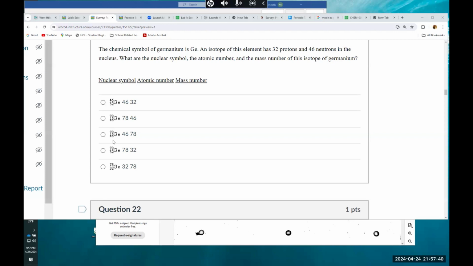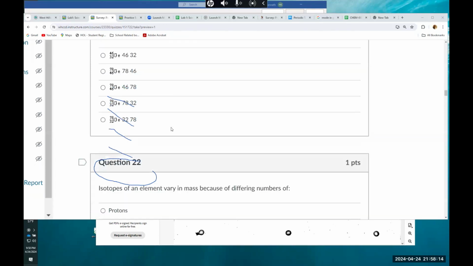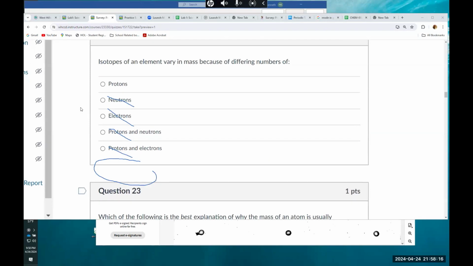So the atomic number has to be 32 because of 32 protons. So we can get rid of the first one, the third one, actually all of them. So it's the last one? Yeah. Good, because we know the atomic number is the number of protons. That's correct.